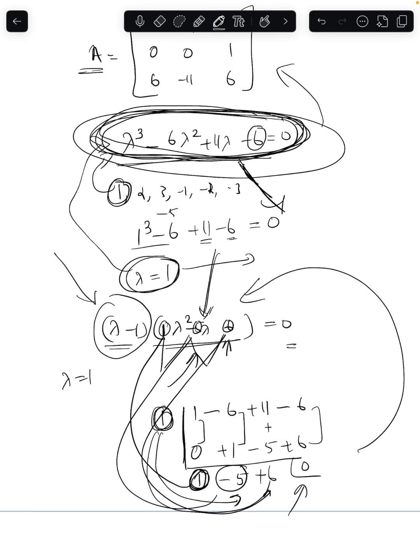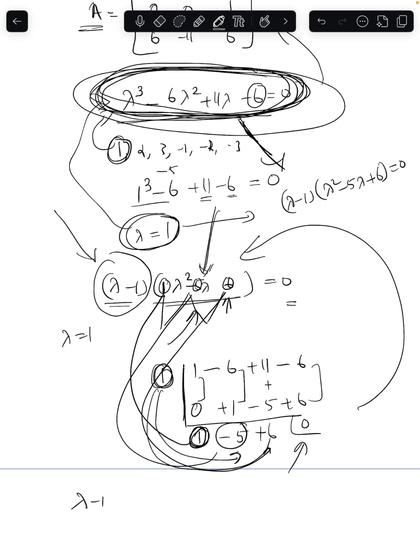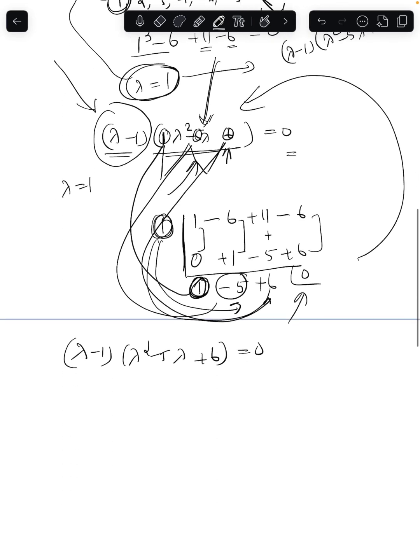So we can write this polynomial like this: lambda minus 1 into lambda square minus 5 lambda plus 6 equal to 0. So I wrote this characteristic equation like this.